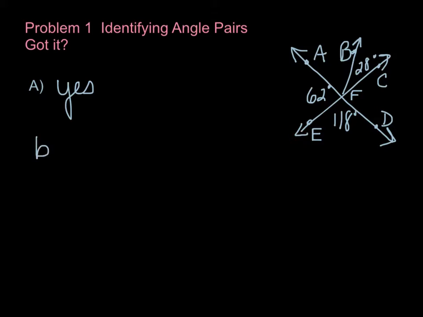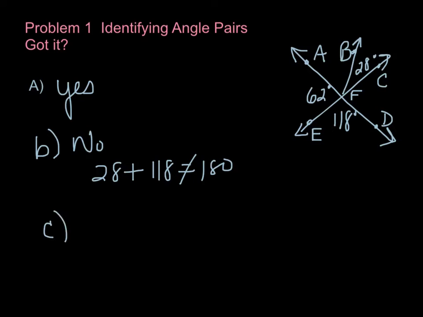B, angle BFC, which is this one right here, is 28 degrees, and DFE are supplementary. No. Why not? Because one angle is 28, the other is 118. They do not have a sum of 180 degrees. You could also mathematically show me that they are not equal by doing that. 28 plus 118 is not equal to 180.